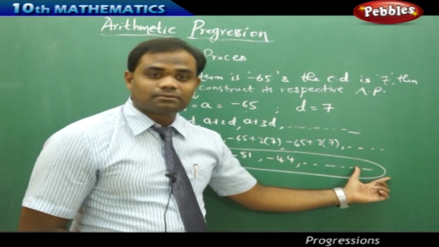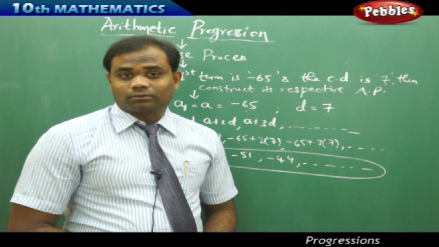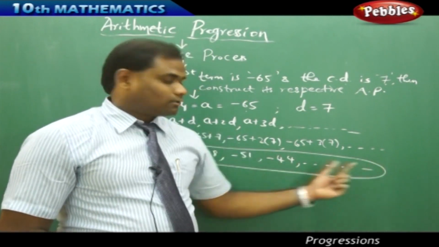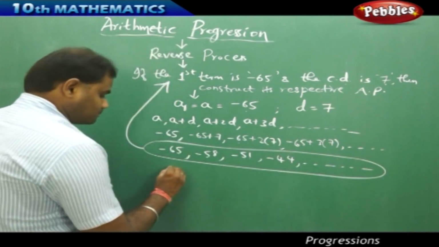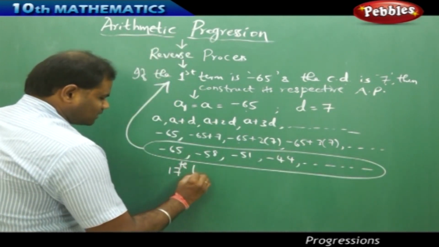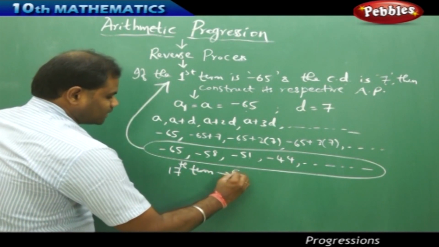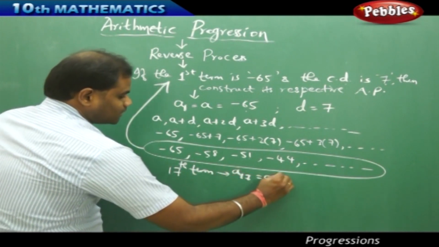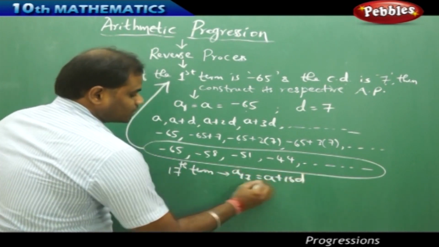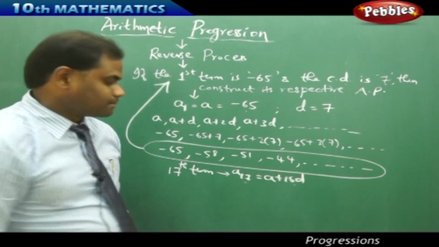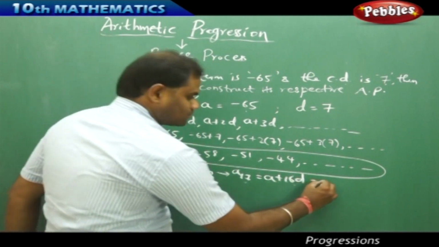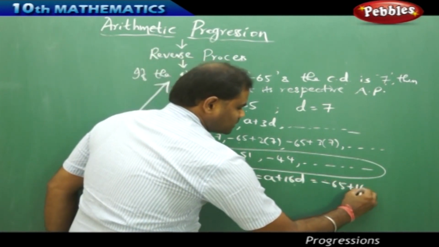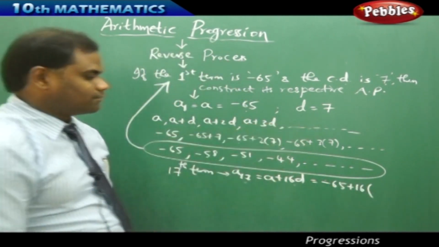Like that, given the sequence, I can find A and D, and given A and D, I can find the sequence. My 17th term A17 also can be found, because I cannot always construct till the 17th term. So say I would like to find the 17th term, A17 is nothing but A plus 16D, one short of 17. Therefore, this comes out to be A, which is minus 65, plus 16 times D, which is 7.